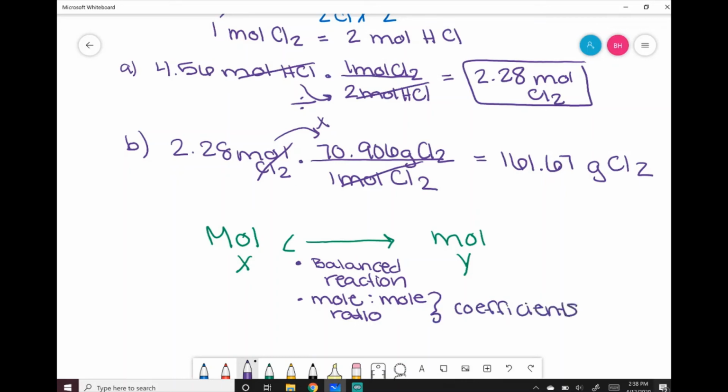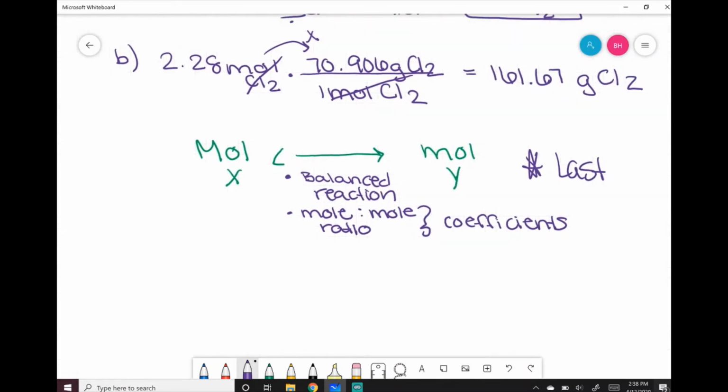And again, this right here, this was last week's lesson. Now what we did is that we took it a little bit further with one of our ideas. And what we said is, well, okay, what if we have moles of Y? How are we going to convert between grams of Y?